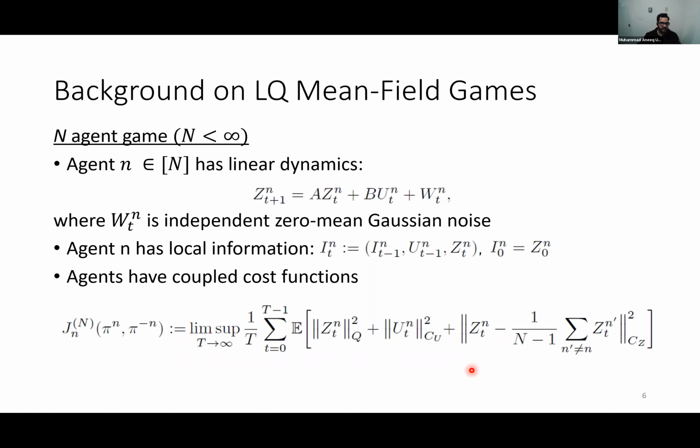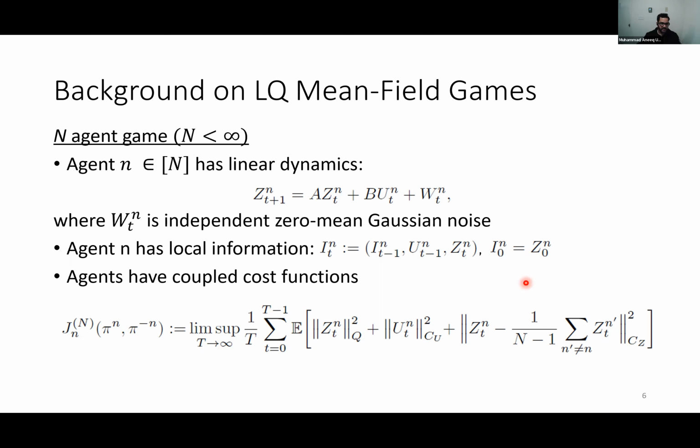So next slide. Starting with a quick background on linear quadratic mean field games, we assume that the agent has linear dynamics and an independent zero mean Gaussian noise. The agent has local information, so that makes it a bit hard for the agent to compute the Nash equilibrium.